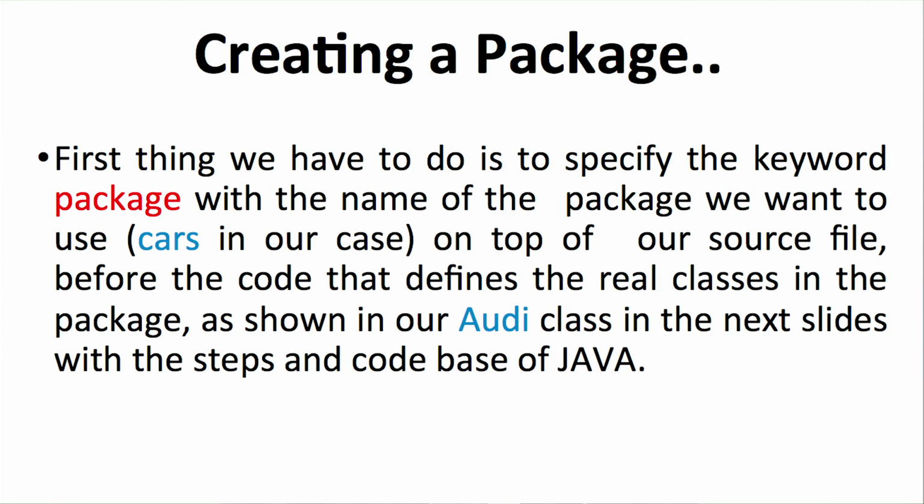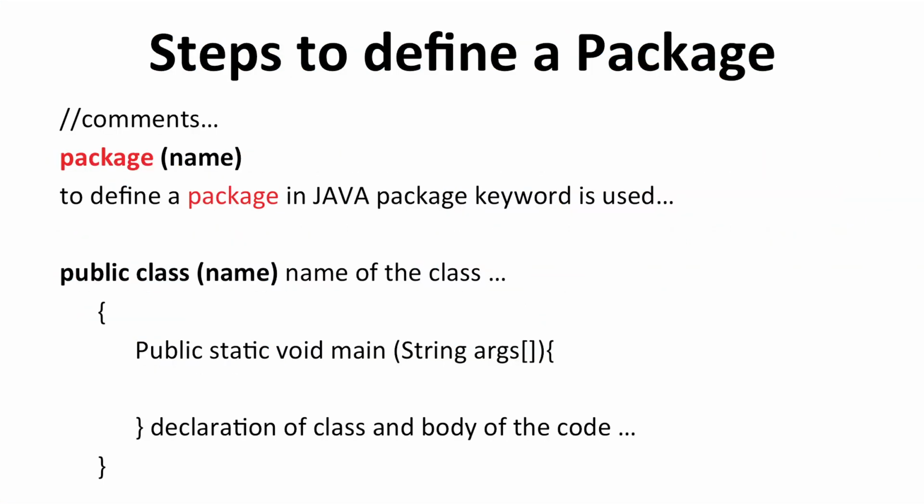On the top of our source file, before the code that defines the real classes in the package, as shown in our audi class in the next slides, with the steps and code base of Java. So here are some steps. Suppose in the first line we have comments, we can put anything, then the package name, we have to provide some name, in our case it is called cars. To define the package in Java, the package keyword is used.